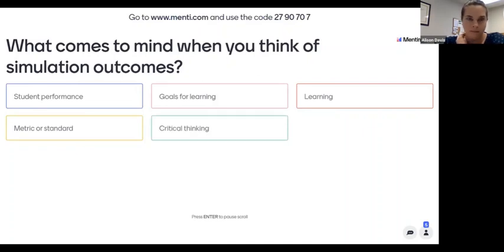Critical thinking. Are we clicking on it or are we putting it in the chat box? It doesn't look like it's working with me just clicking on it. You're entering what comes to your mind. You're typing in what you think of when you think of simulation outcomes. Nanette, did you open menti.com in your web browser?